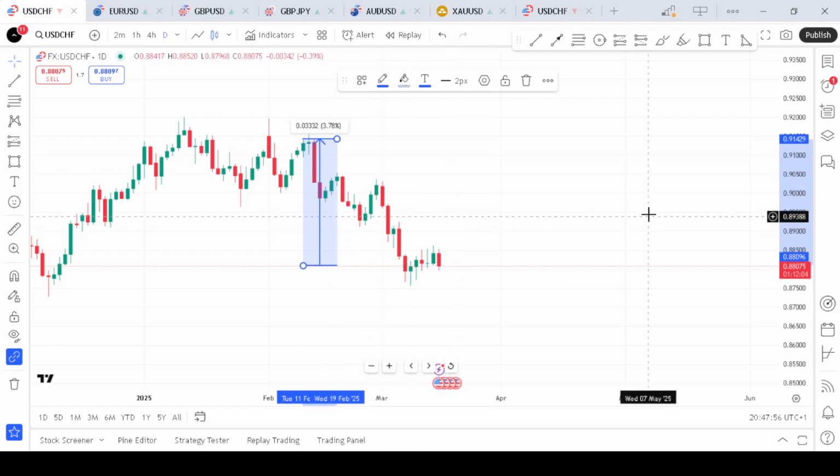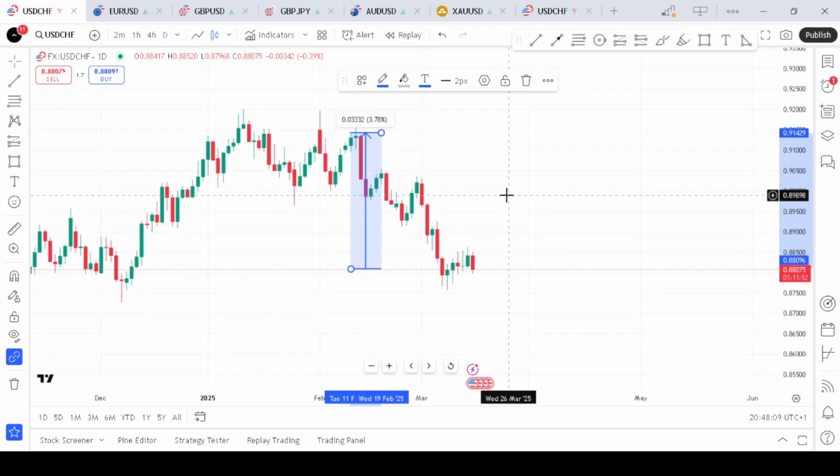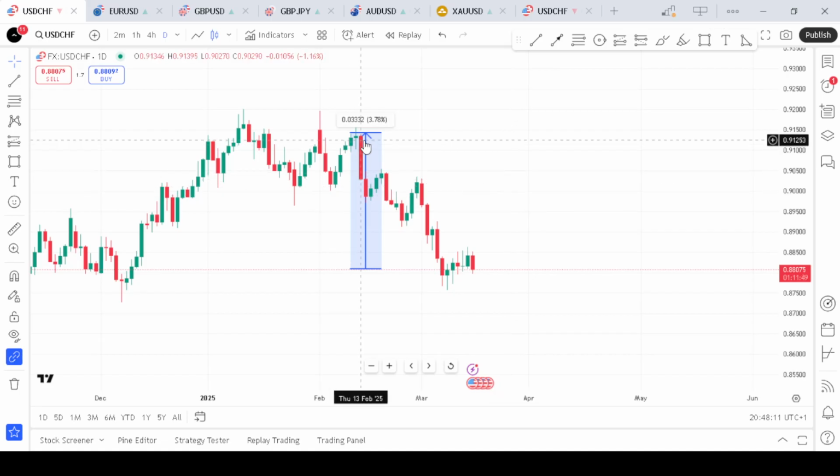So this approach requires constant monitoring of correlation and adapting positions as the relationship evolves over time. So you have to keep this in mind, that one pair has a different volatility compared to the other pair.